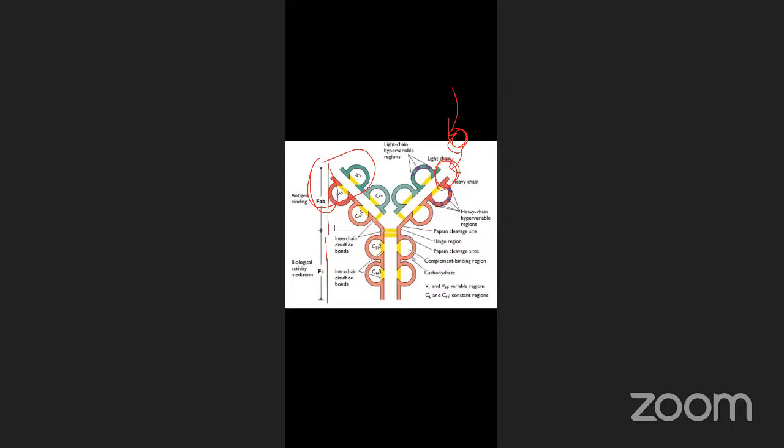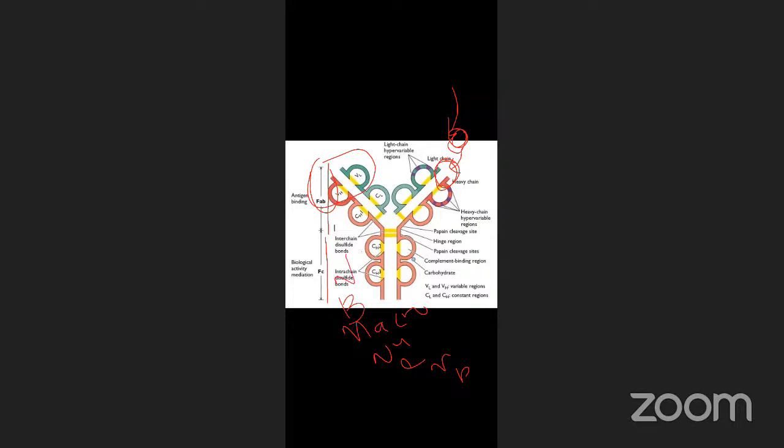Okay, immune cells like macrophages, neutrophils, eosinophils, mast cells, basophils, and B cells. The Fc region can bind with different types of Fc receptors on the surface of different cells, like macrophages, dendritic cells, neutrophils, and natural killer cells.